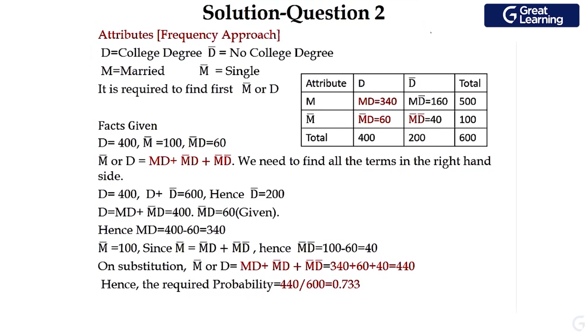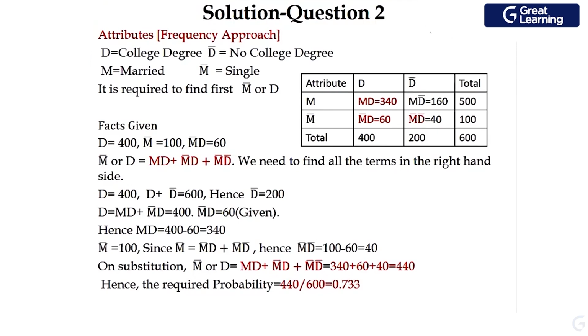You agree? This is the frequency approach. So we have solved another example. Now here is a mutually exclusive case where you can also have M bar and D occurring together, D bar occurring together. In other words, I have completed all the enumeration process.